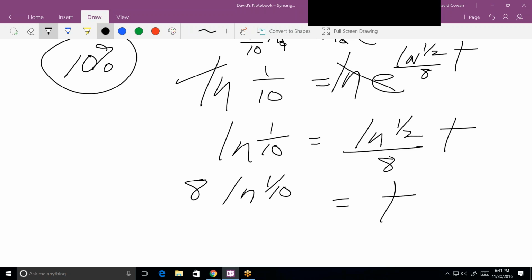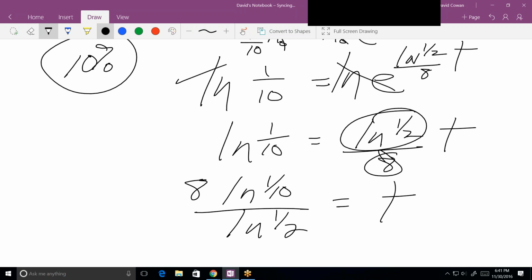So that gets rid of the 8. And then I got to divide by the natural log of 1/2 to get rid of that. In other words, to isolate t, I got to multiply by 8 and divide by natural log of 1/2. Gives me that. And I can actually take that 8 and put it up here so it's the natural log of 1/10 to the 8th power. But I don't have to compress it that much. That would be its maximum compression.